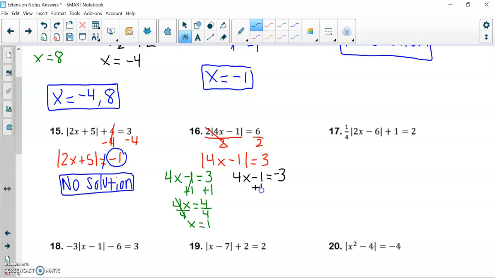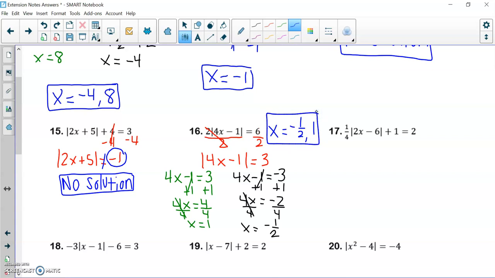In my second equation, I'm going to add 1 to get 4x is equal to a negative 2, and I divide by 4 on both sides to get x is equal to a negative 1/2. So my solutions for number 16, x could be a negative 1/2, x could also be a 1 to make this equation true.